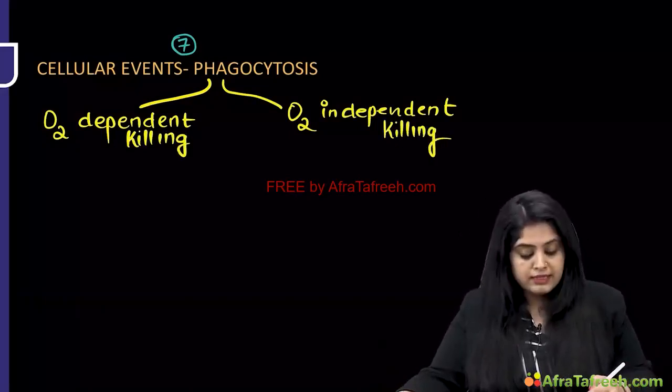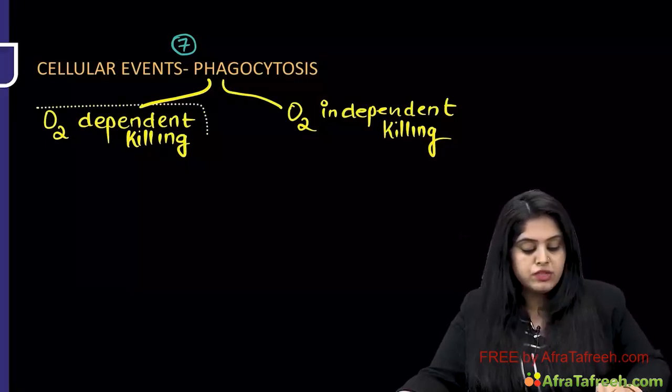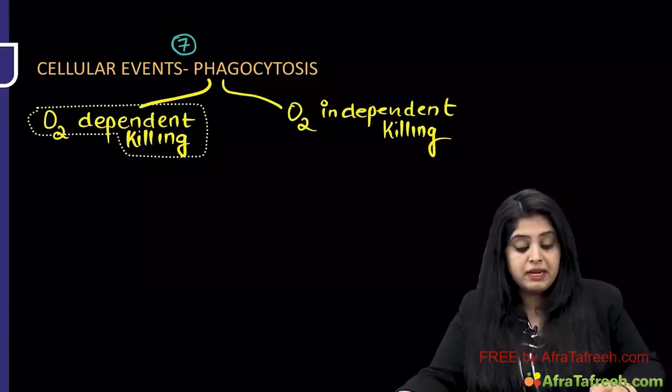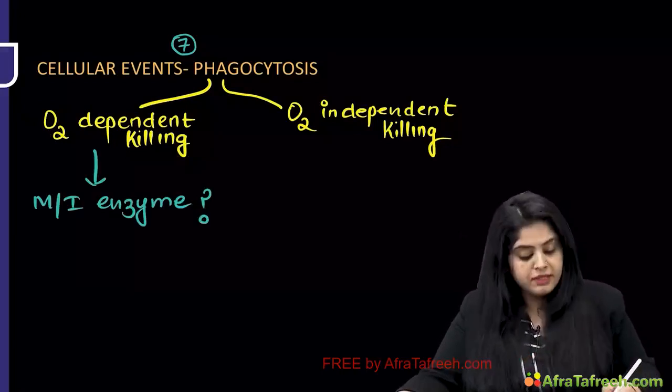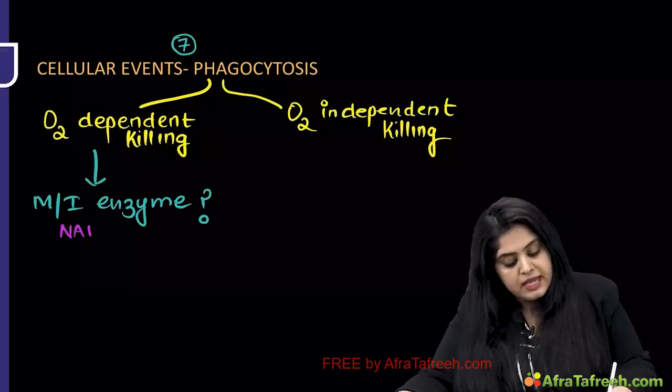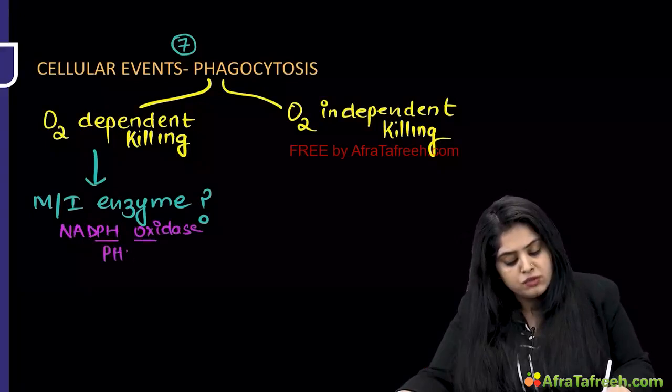They ask you more questions on oxygen dependent killing, and it will need one enzyme. What is the most important enzyme needed for oxygen dependent killing? NADPH oxidase.